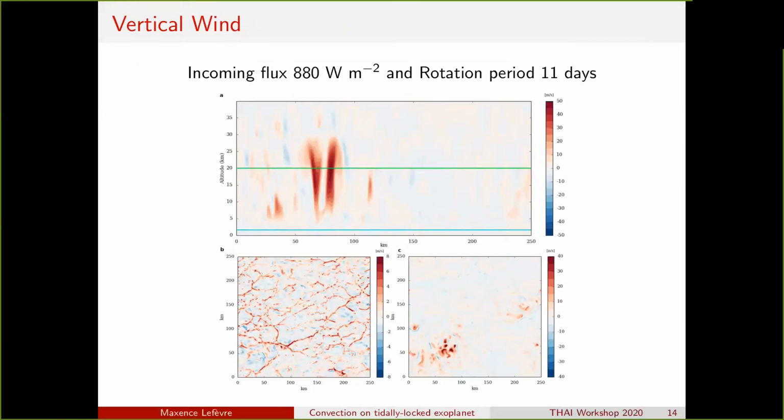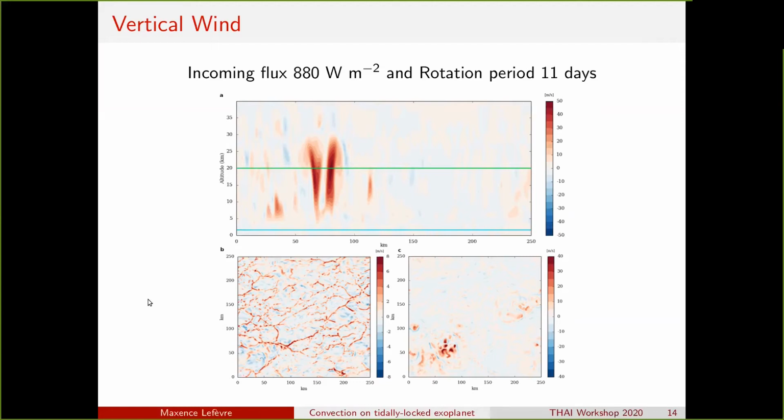Now I present here the resolved convection for the nominal case. You can see on the top panel a vertical cross section of the vertical wind, where you can see a very strong updraft with the vertical wind speed reaching up to 50 meters per second.